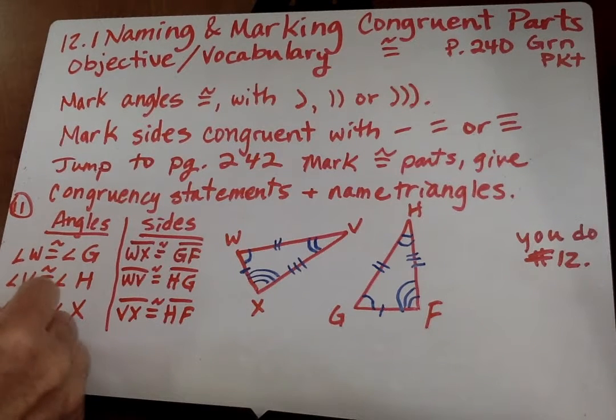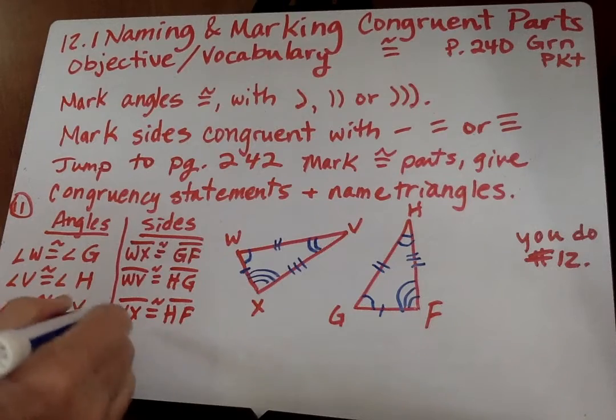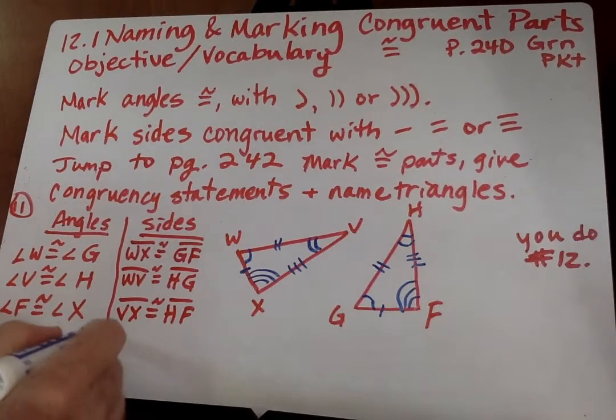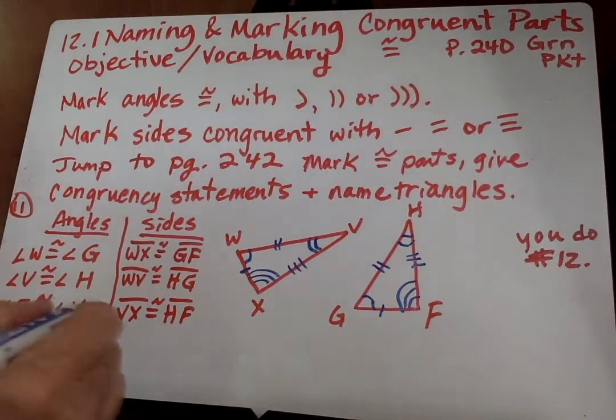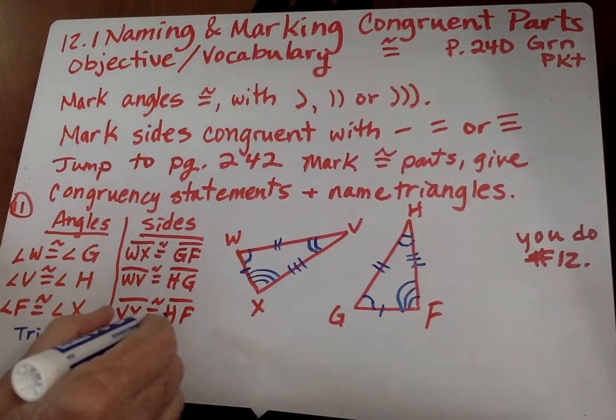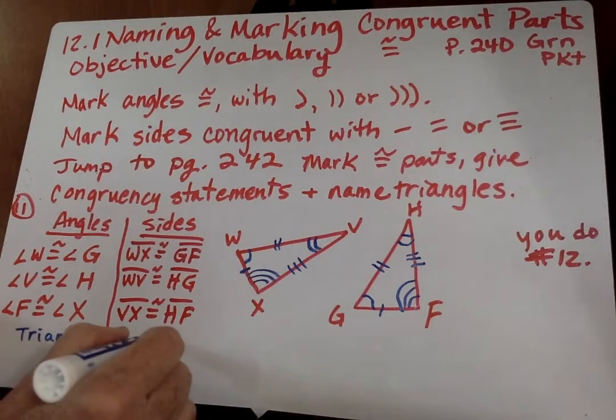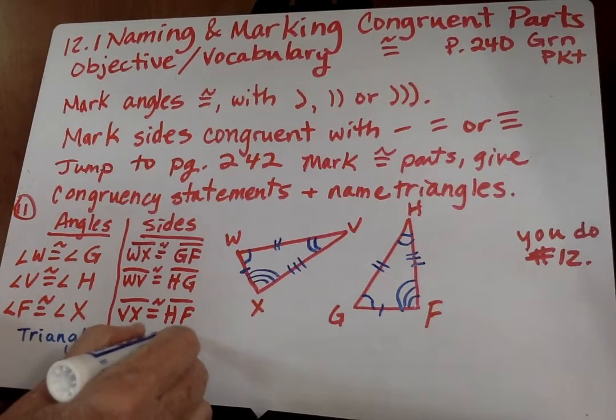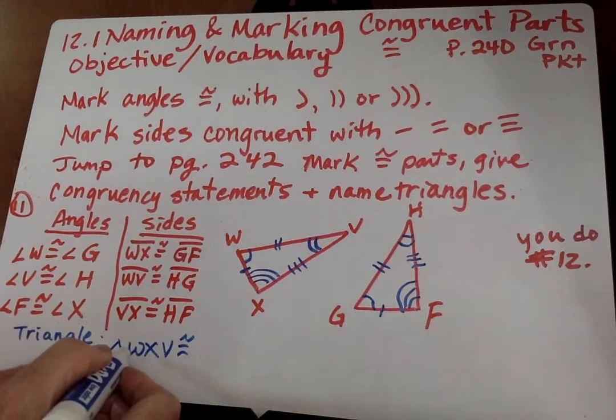Then for our triangle, we're going to go ahead and write the triangle statement. Again, our angles and sides have to match up. We're going to say triangle WXV is congruent to. Now, which one was congruent to angle W?